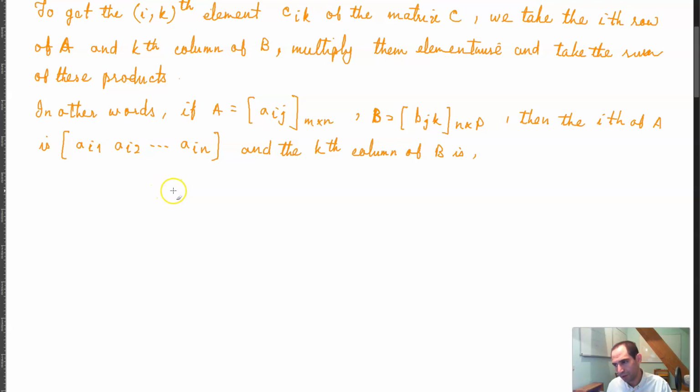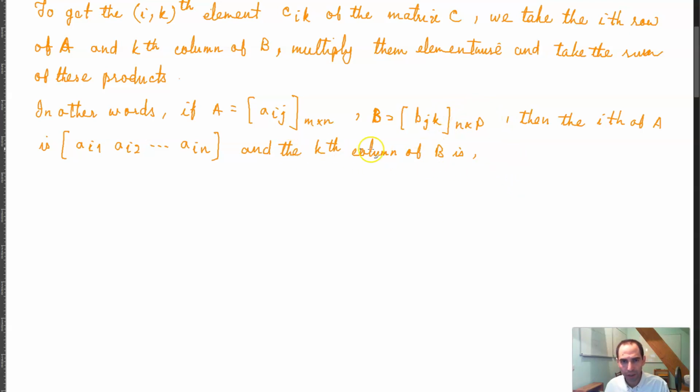The column index is always k, and the rows go from 1 up to n, since B is a matrix of the order n by p.